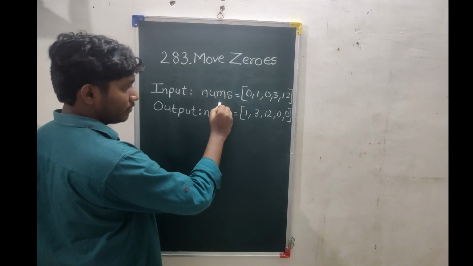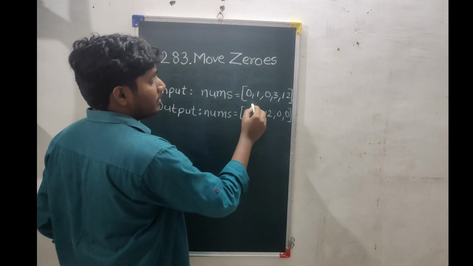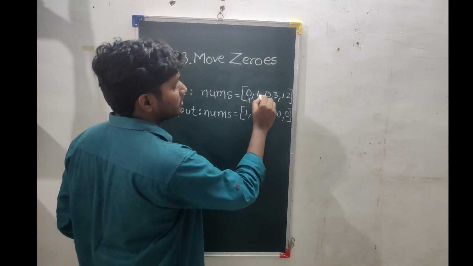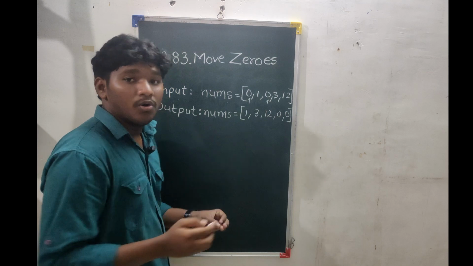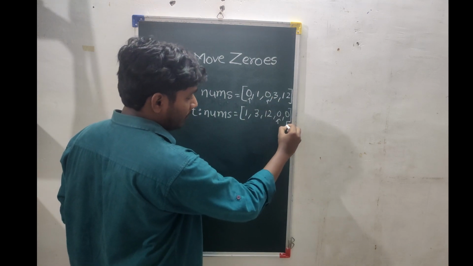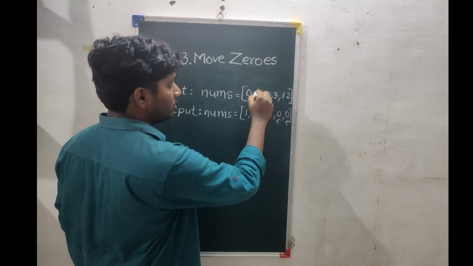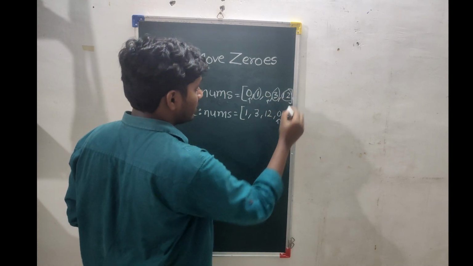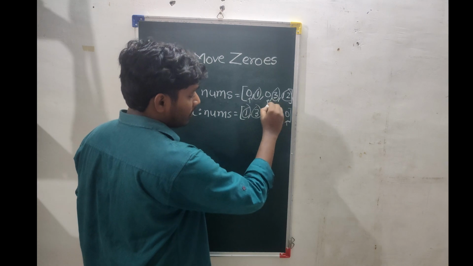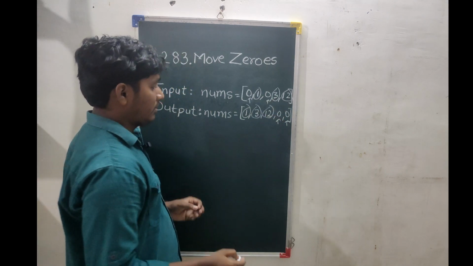So this is our input array, and in this input array there are some zero elements and some non-zero elements. We have to move all these zero elements to the end of the array, and all the non-zero elements are at the start of the array.